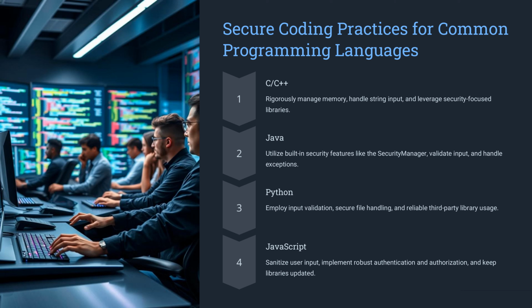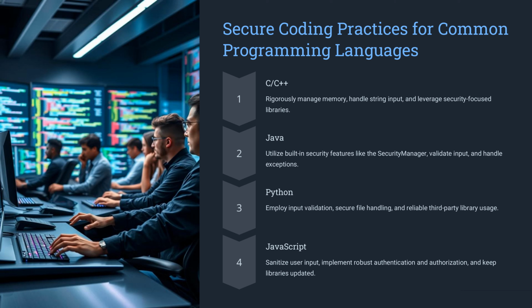For C and C++, it is vital to manage memory properly, handle string inputs carefully, and use libraries that prioritize security. For Java, taking advantage of built-in features like the Security Manager, alongside validating inputs and handling exceptions appropriately, is key. In Python, the emphasis is on input validation, secure treatment of file operations, and ensuring the integrity and security of third-party libraries.